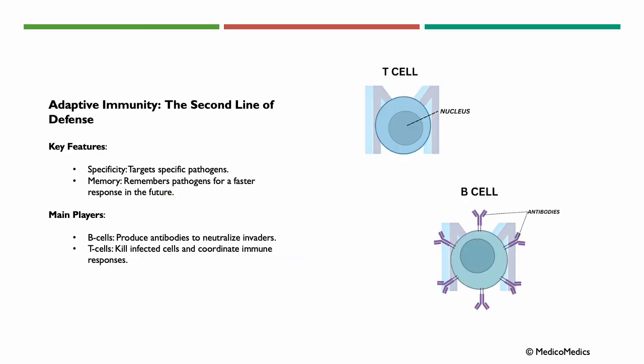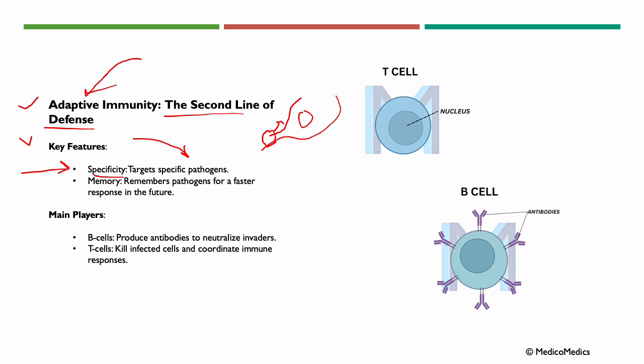Now, the second type is adaptive immunity. And the name is very suggestive because it's adaptive. So it adapts to something. It learns, let's say. And this is our second line of defense. Key features here include specificity. It targets specific pathogens. In comparison to our innate immunity, where our immune cells are up and about, they notice a pathogen, and then they may get activated to engulf and destroy it.